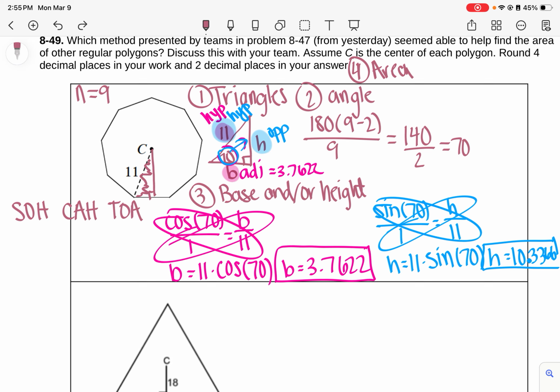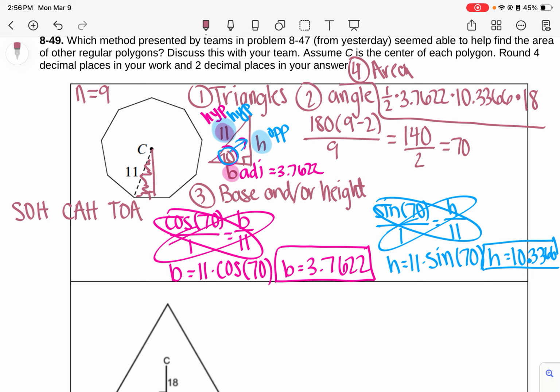So the area of a triangle is 1/2 times base times height, so I'm going to plug in those numbers, 3.7622 times height, 10.3366, times how many triangles are there? And we're talking right triangles. If there are 9 sides, for every side you get 2 triangles. So there's going to be double the amount of sides is the number of triangles you have. So 9 times 2 is 18.